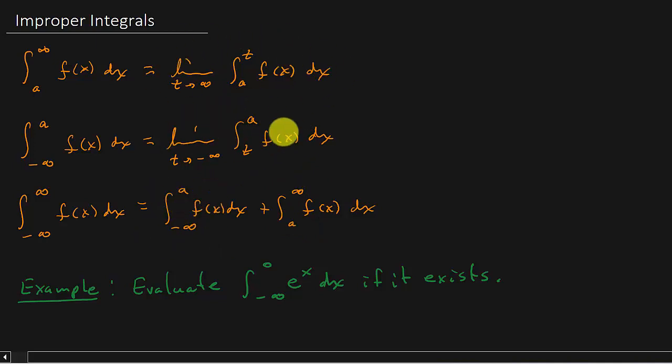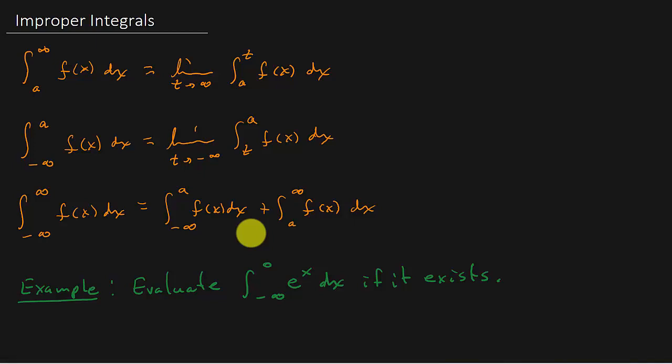So if both bounds on your integral are infinity and negative infinity, you have to split it at a number and break it up into two integrals. We're going to do examples of all of them, so let's get started.